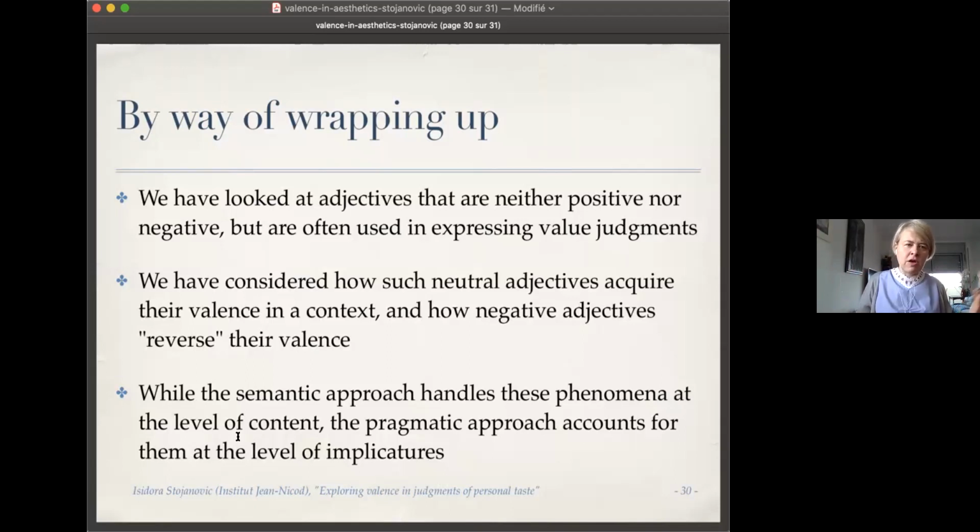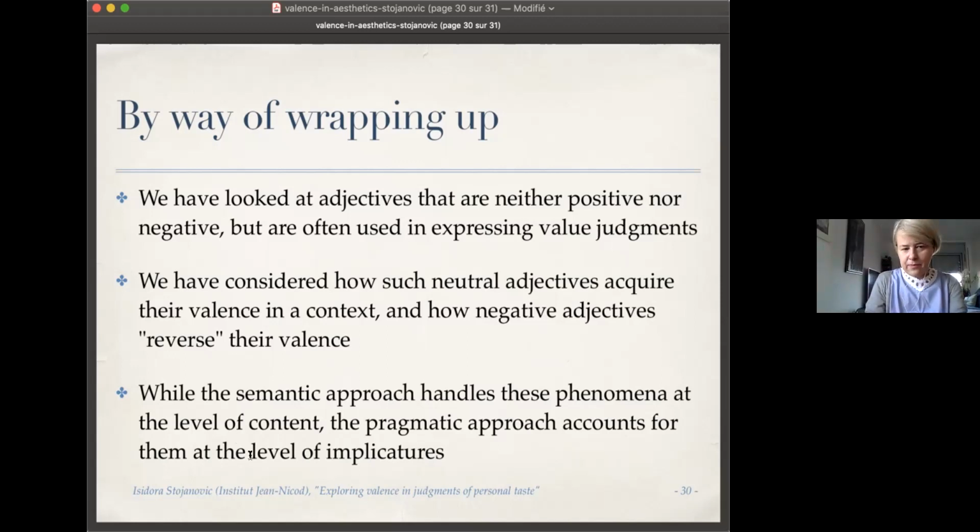So a large part of the talk, and it's a large part of my ongoing project with Elsie Kaiser, is to understand what neutral adjectives are like, that is adjectives which are neither positive nor negative, and yet are very often used in expressing value judgments. So we briefly considered also how such neutral adjectives acquire their valence in a context. And secondly, how negative adjectives reverse their valence, if you wish.